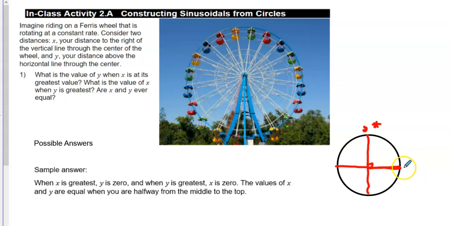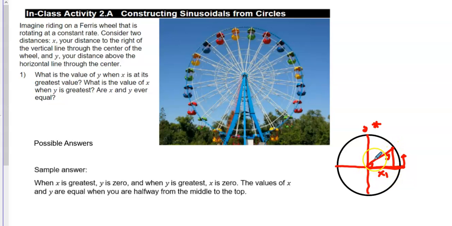If we assume that we are starting from somewhere here and going up, then on this circle, we may get different x's and different y's. For example, when we are here, we are going to get some y1 and then some x1.